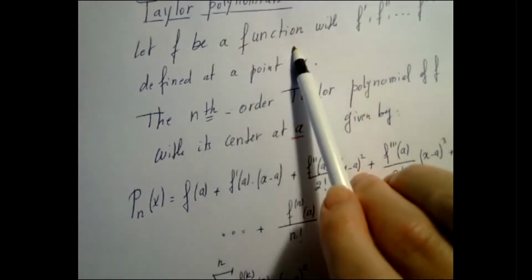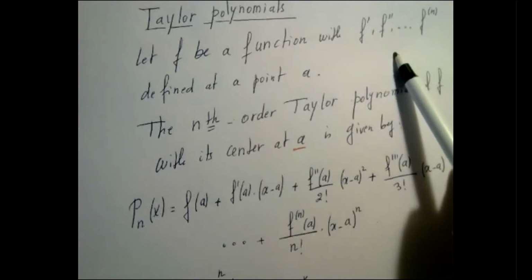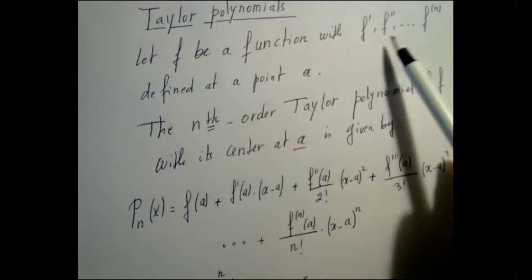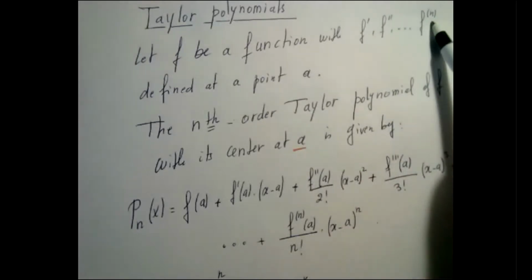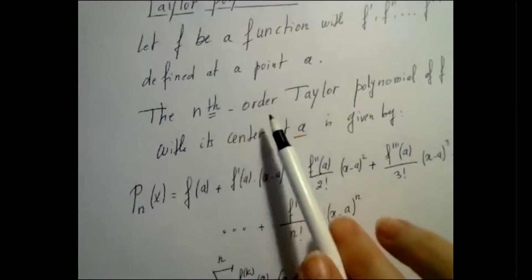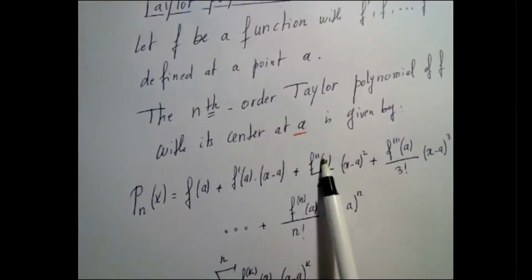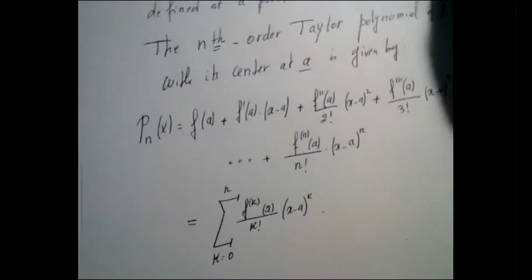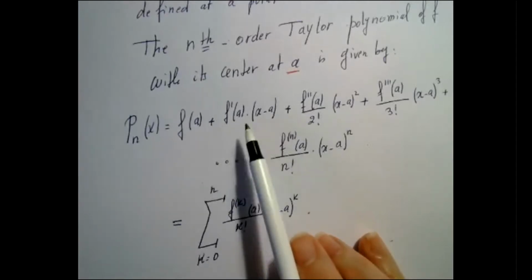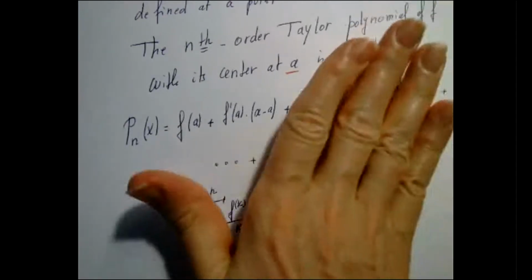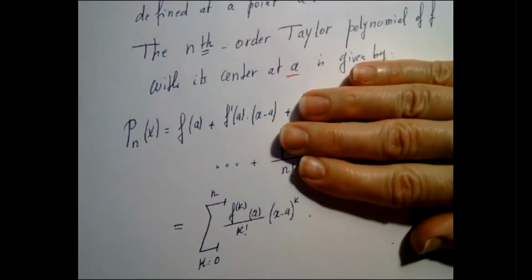Taylor polynomial. Let f be a function with f prime, the first derivative, f double prime, the second derivative, the third derivative, and all the derivatives up to the nth derivative defined at a point A. The nth order Taylor polynomial of f with its center at A is given by this formula: Pn of x equals f of A plus f prime of A times x minus A. Last time I asked, what does this piece represent as far as the function is concerned?